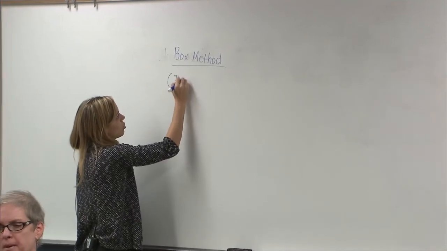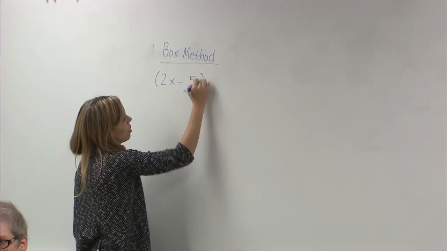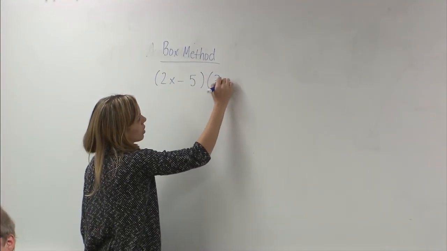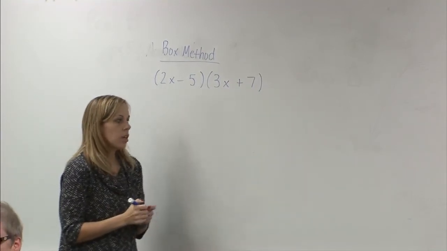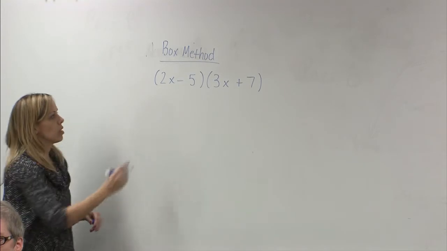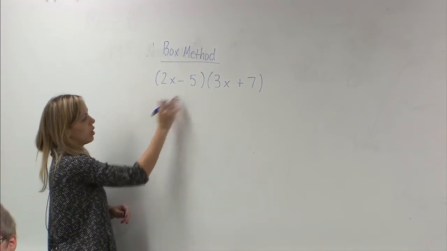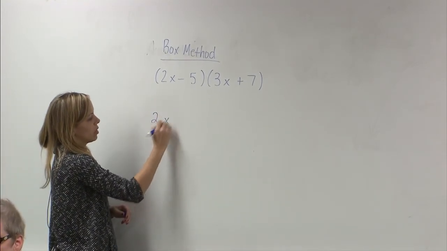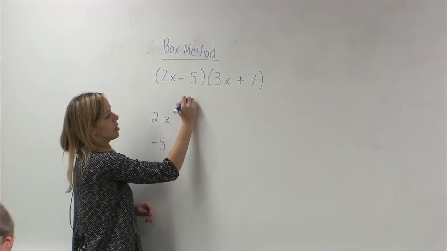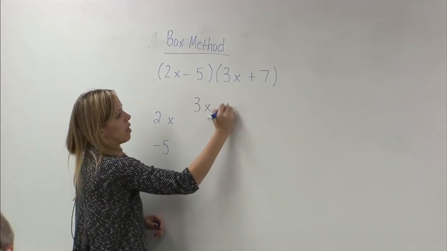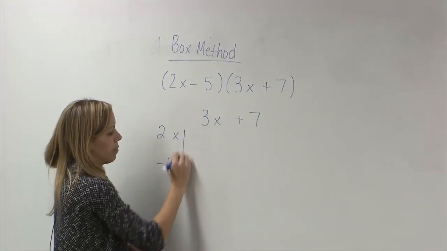So we'll look at 2x minus 5 times 3x plus 7. So what students will do is they'll separate the terms. So we'll have 2x and minus 5. And then on the top we'll have 3x and then plus 7.